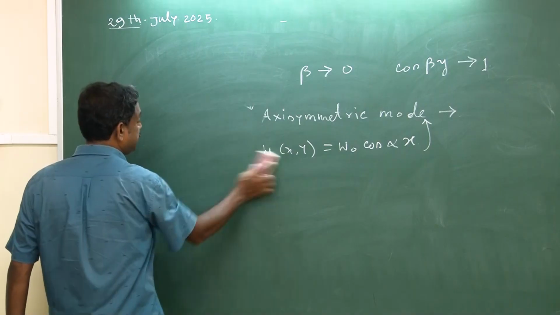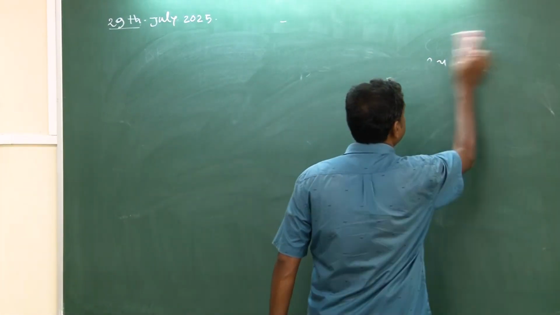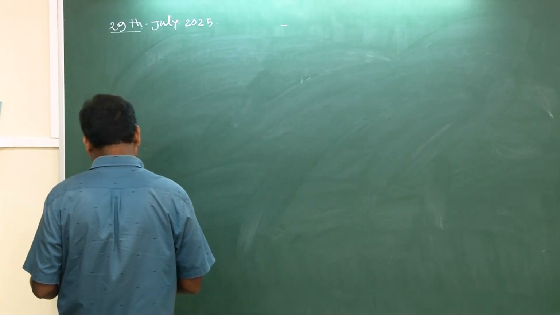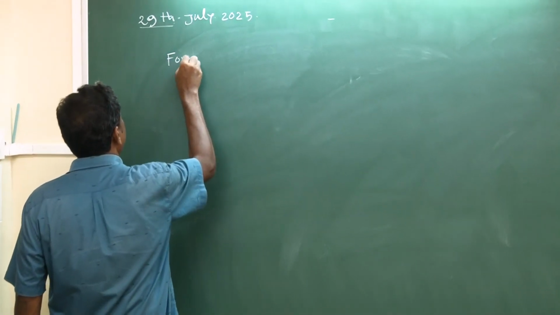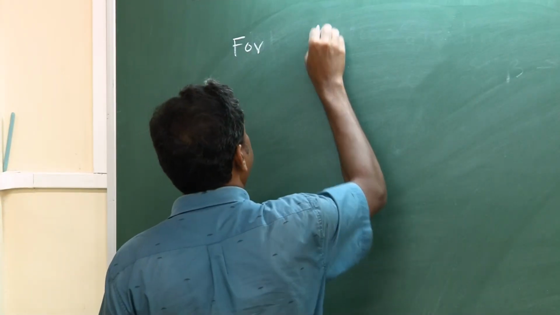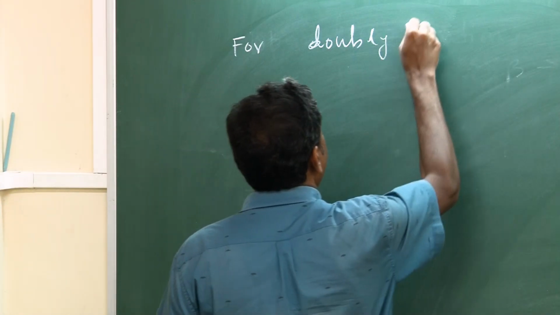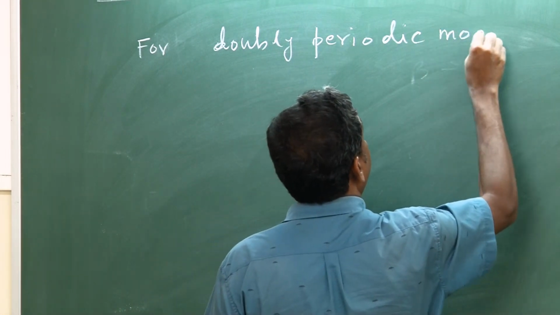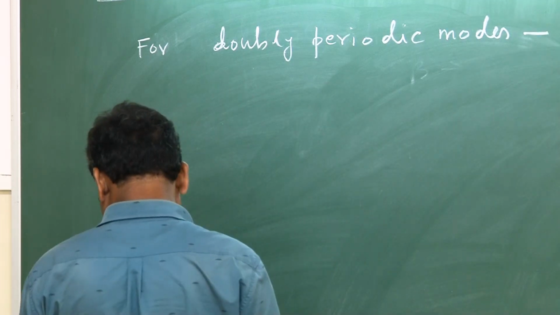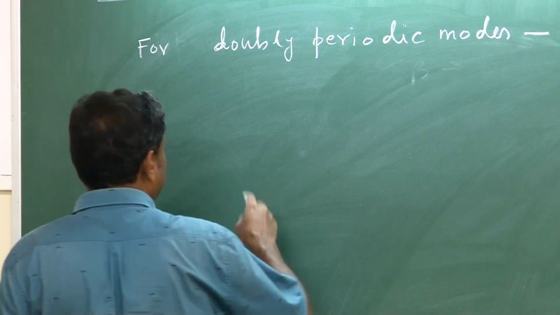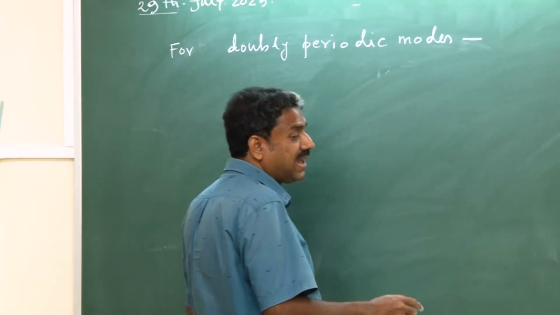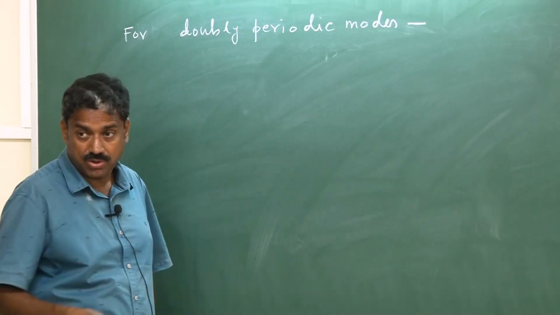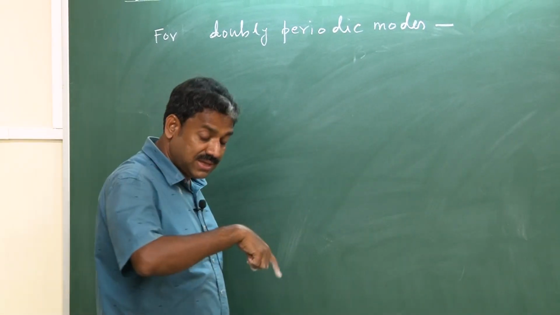Now, we will distinguish between two different cases using some variable z, okay. For the axisymmetric mode, that is given. Now, for the doubly periodic mode, where both the longitudinal and circumferential wave numbers will be there, W is periodic in the circumferential direction.